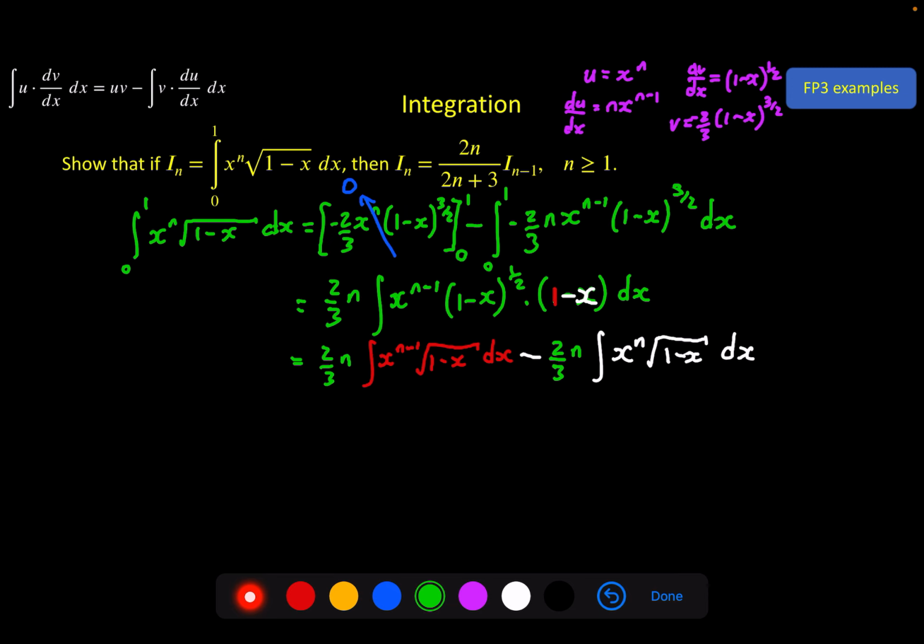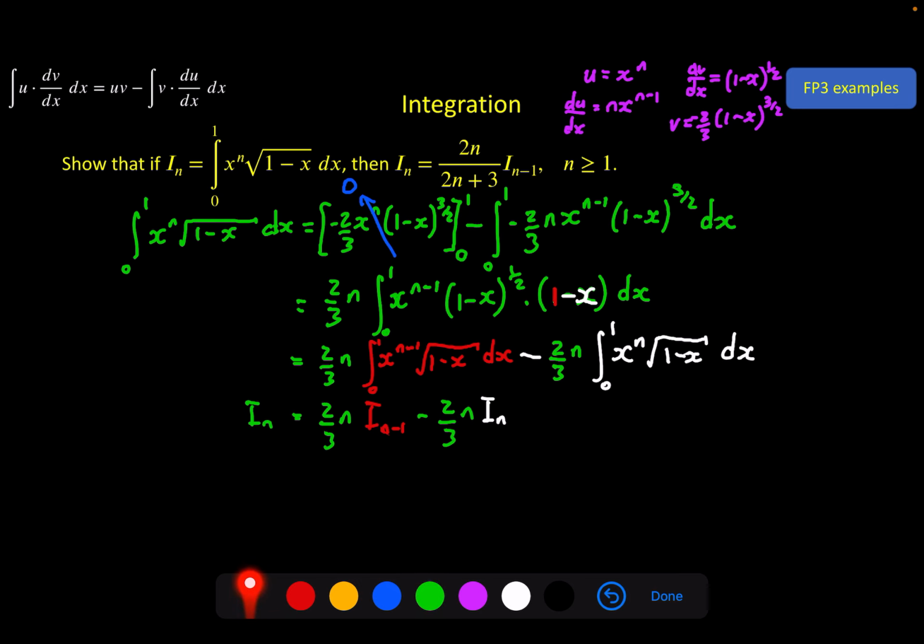Now really I should have been keeping my limits in here. Let me just quickly put these in. And then we've got 2/3 n times I_{n-1} minus 2/3 n times In. And that is all equal to In on the left.